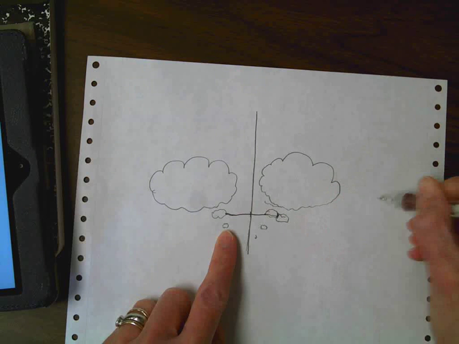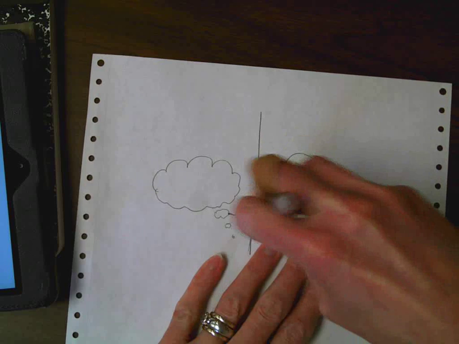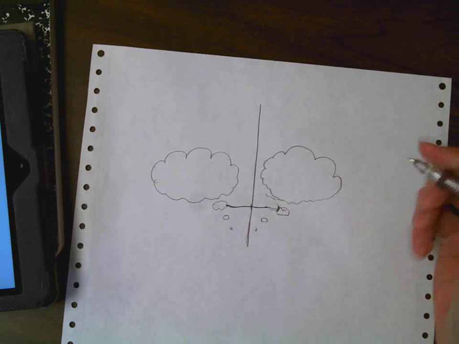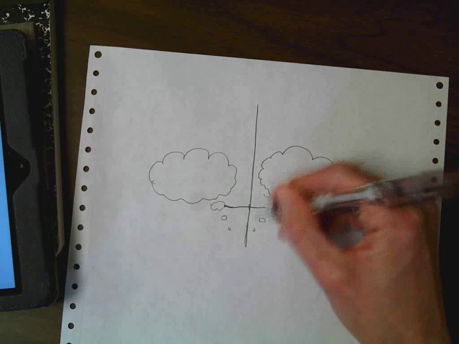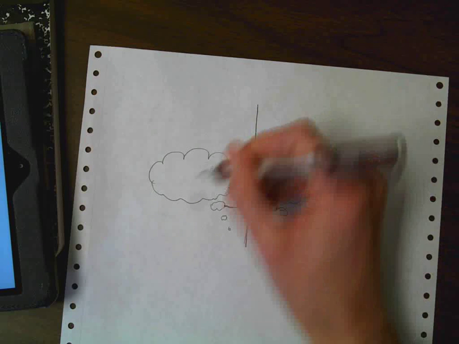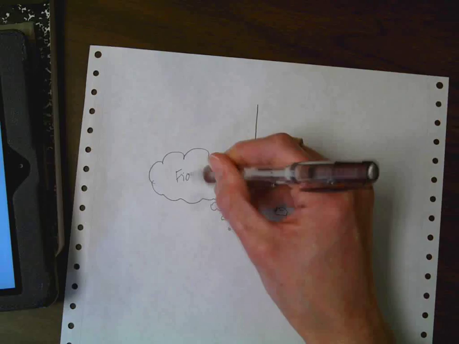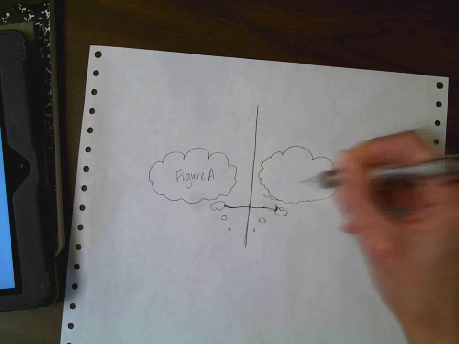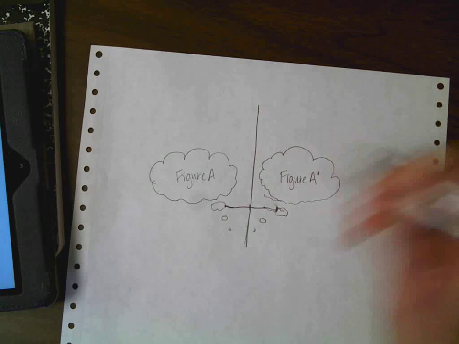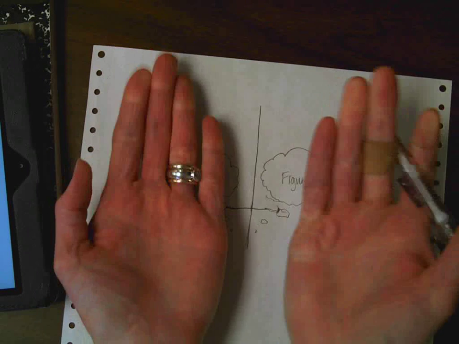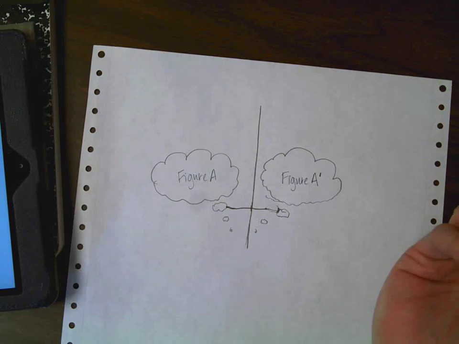So I should actually have my little book, and then everything shifted a little bit more. But that's what a true line of reflection is: the line of reflection is the bisector between the original figure, so figure A, we'll call this, and figure A prime. Okay, so it cuts the whole figure exactly in half.